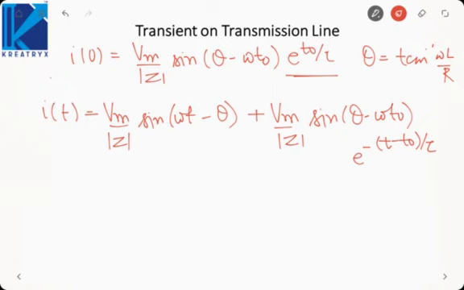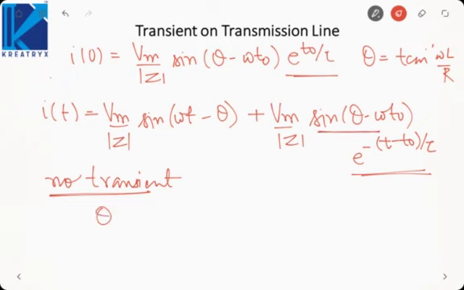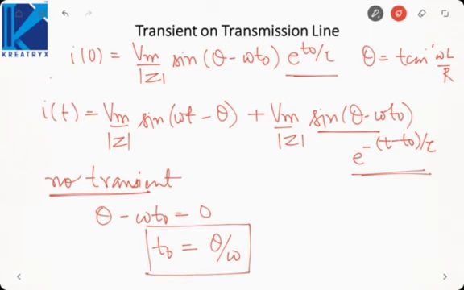This term I have combined with the term e raised power minus t by tau. Now suppose a question comes, the condition for no transient. If there is no transient, that means the transient term should be 0. So theta minus omega t naught must be 0. T naught must be theta by omega. That is the condition in which there will be no transients in the transmission line. Only steady state current will flow.